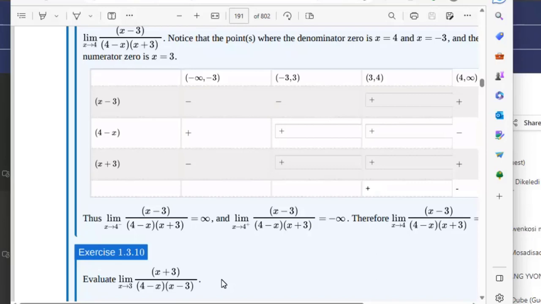In the numerator, we have got +6? No, I said 4 minus 3, which is 1. Then times the other bracket, I said 3 minus 3, which is 0. So I multiplied 1 times 0, which is 0. Then on top, our numerator is 6. So 6 divided by 0, I said equals 0.